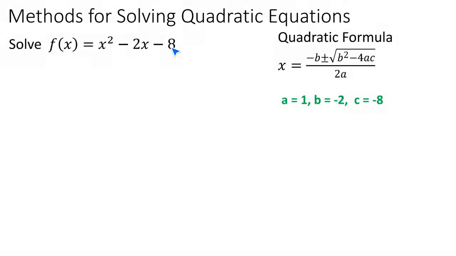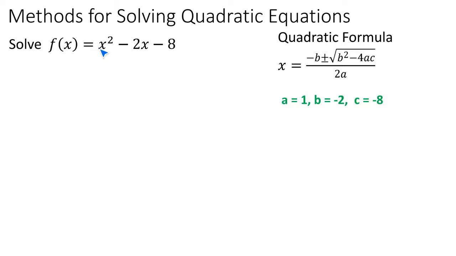And when I say always, that's true if it's already written in general form. If it's not in general form, then you have to make sure that it looks in general form before you can identify your a, b, and c. So in our example, a is 1, b is negative 2, and c is negative 8.